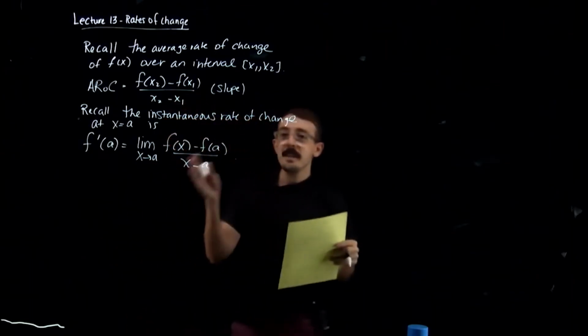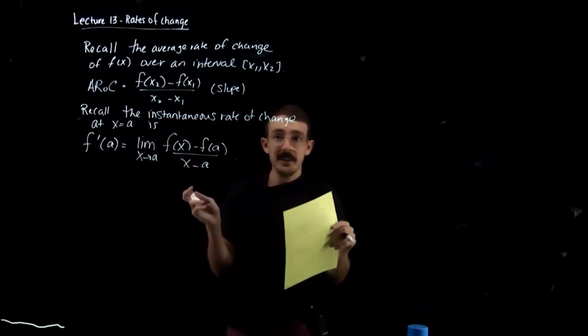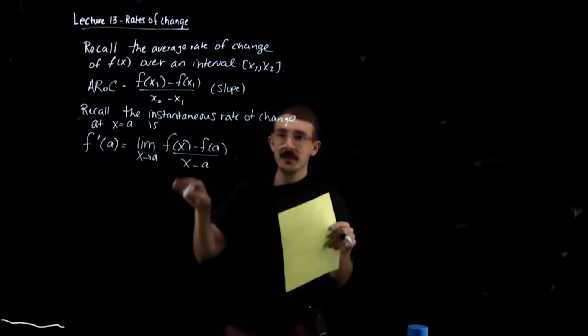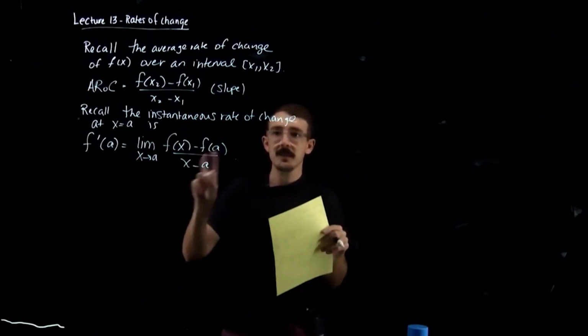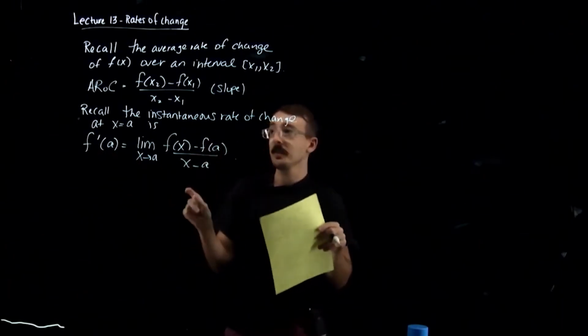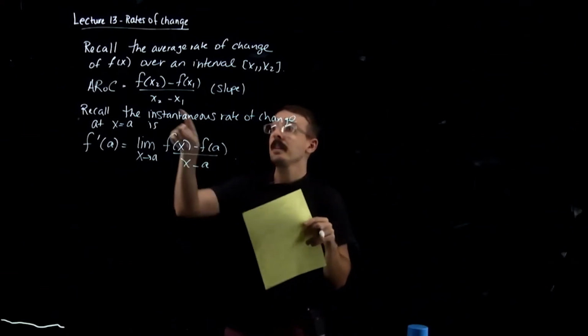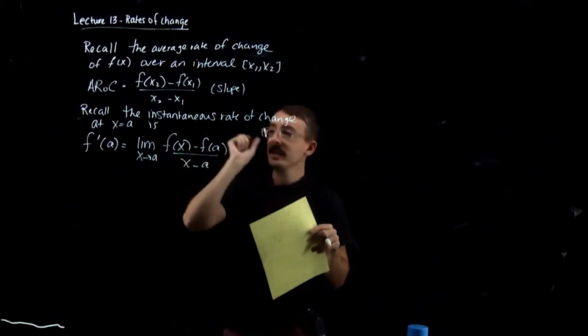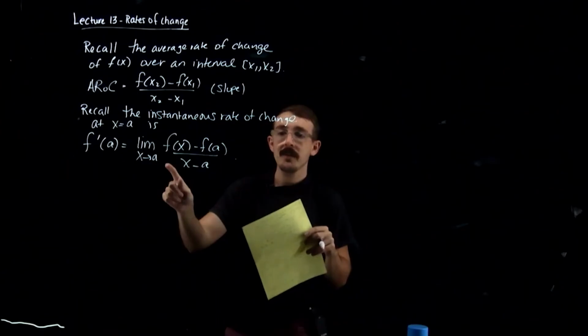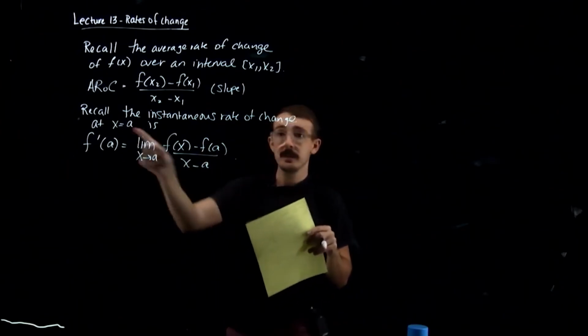So this was our second definition. We had two different versions of finding the derivative at a point, and this was definition number 2. So the difference between these two is that this is the slope between 2 points, and this is the slope of the tangent line at just one specific point.